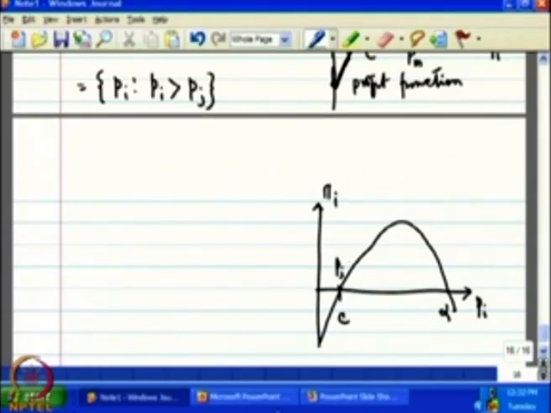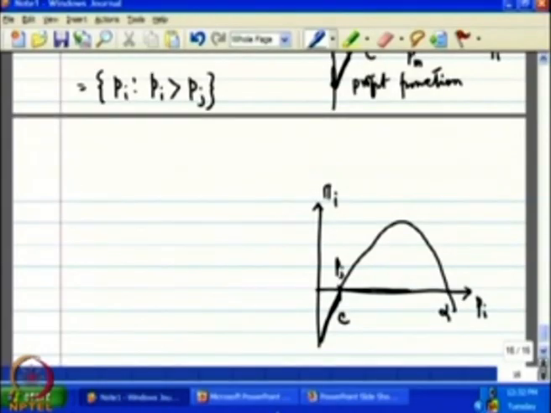Now, if the price is just equal to C, then if I charge a price less than C, that is Pi is less than C, then I get the market, but then this part of the curve becomes relevant. And if this part is relevant, I can immediately see that my profit is negative, it is below the horizontal axis. So, I should not charge a price which is less than Pj if his price, that is Pj, is just equal to C. What should I charge then?